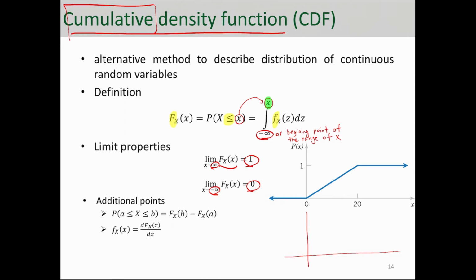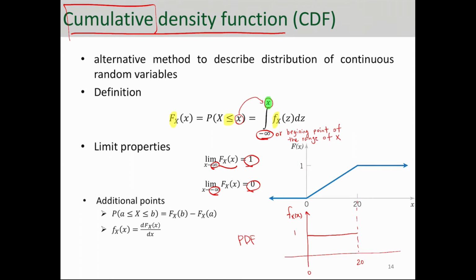From 0 to 20, the range of this random variable, your PDF looks like a straight line. When you integrate this function, it increases from 0 to 20, and at point 20 it gets to 1.